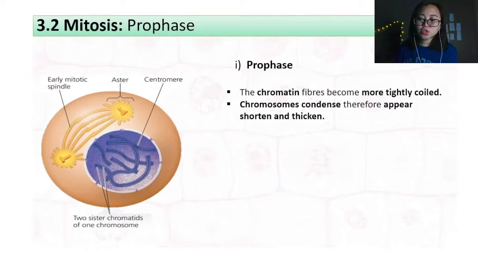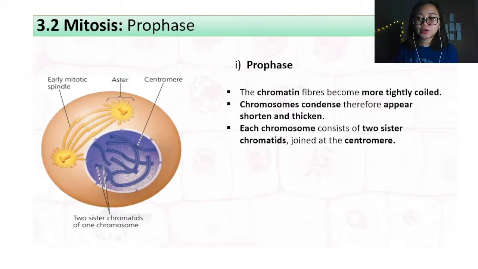Second, the chromosomes condense therefore appear shortened and thickened. Ini sama dengan poin tadi. Third, each chromosome consists of 2 sister chromatids joined at the centromere. Dalam arti kata lain, dia membentuk bentuk X ataupun butterfly yang saya lukis tadi.